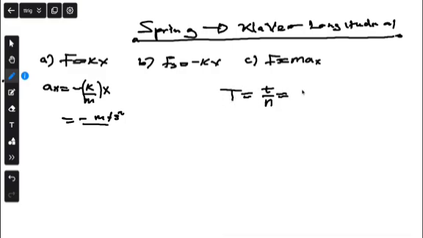Then apart from that one, frequency is equal to the number of oscillations divided by the time, which is the same as 1 divided by T. This one is very, very important. So we are saying frequency is equal to 1 divided by the time taken, or the period, which is the time. Now what is going to be the SI unit for frequency?